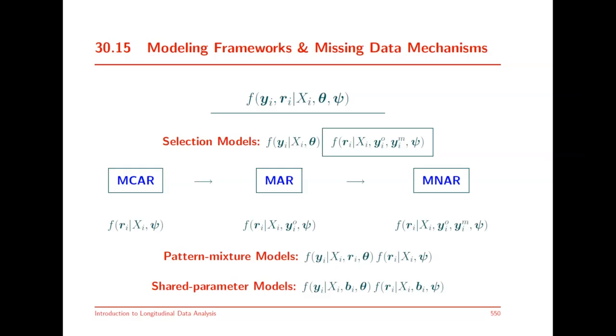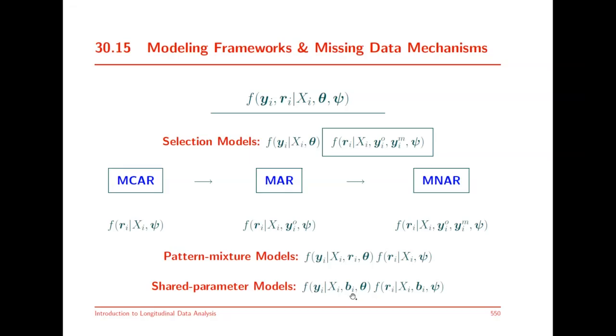Okay, that's a joint model for Y and R, and we can break it up in two different ways. Many, but two important ways. In a selection model, we have a model for Y and a model for R given Y. In a pattern mixture model, it's the other way around. We have a model for Y given R and a model for R. And then in a shared parameter model, we bind Y and R together.